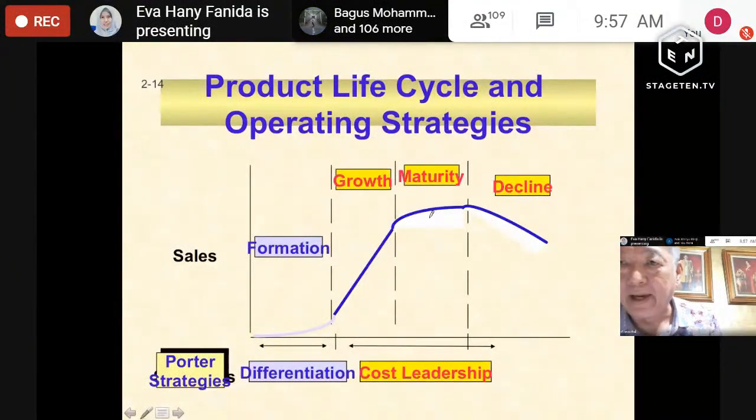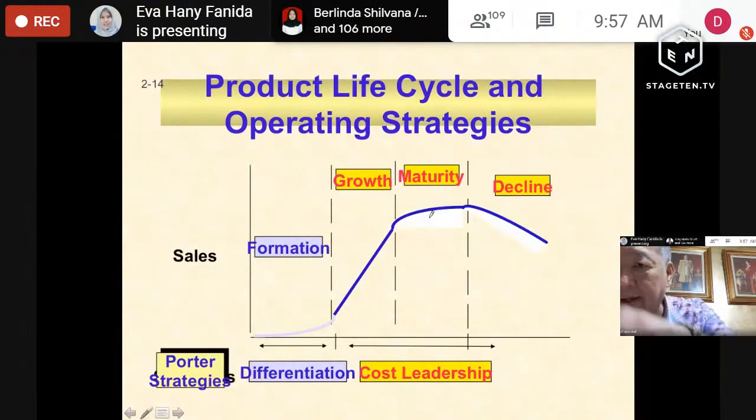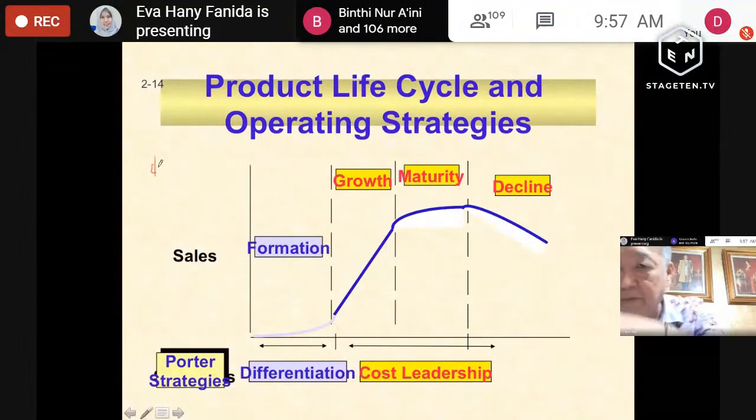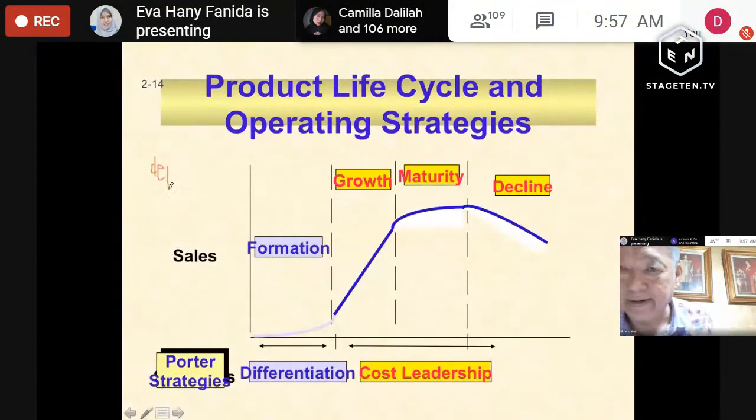What kind of strategy we want depends on the situation of the individual company. Every company and every product has a life cycle like this: formation, growth stage, maturity, and decline stage.